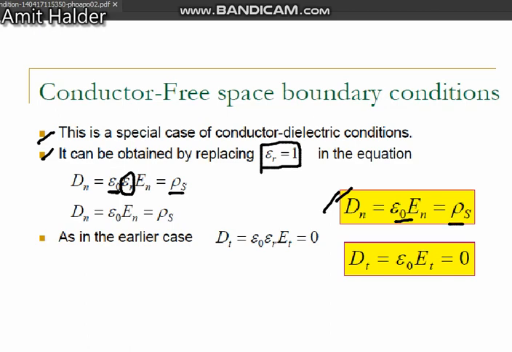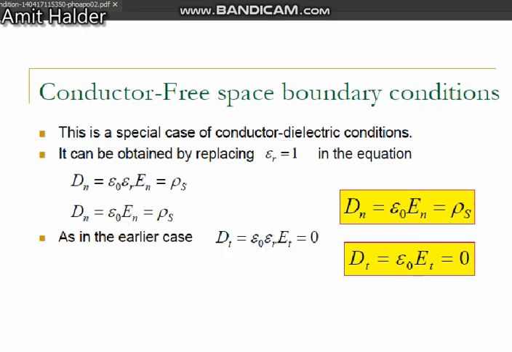Same as if you derive dielectric, you can find the dielectric conductor and conductor free space. In free space you have to replace epsilon r with 1. This is the first condition. And as in the earlier case, Dt is equal to epsilon naught epsilon r Et is equal to 0. You can also find epsilon r is equal to 1, so epsilon naught Et is equal to 0.